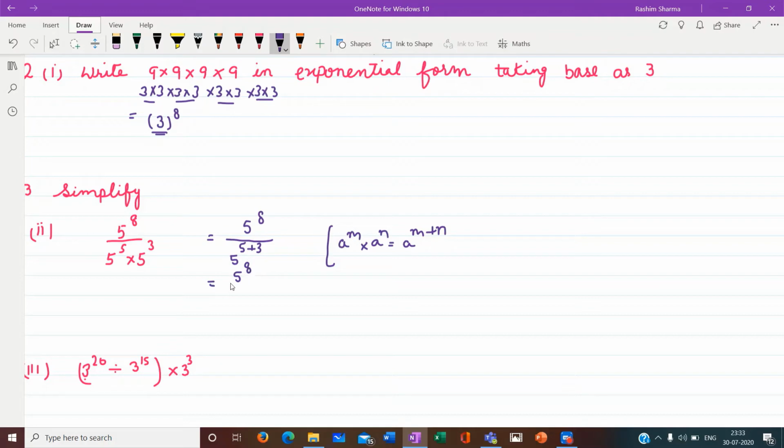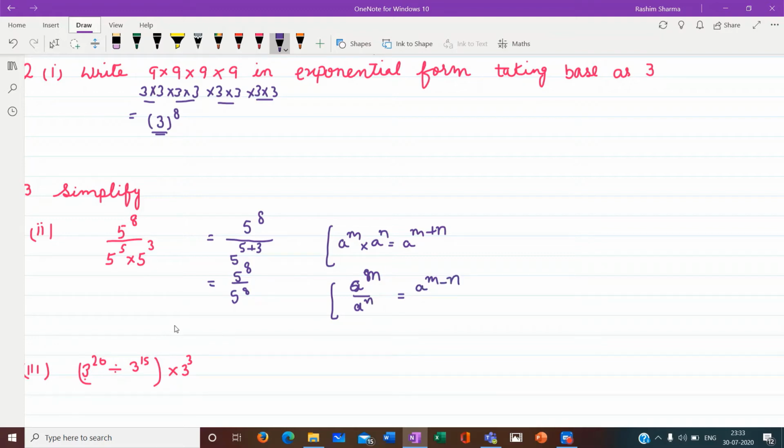Okay. So here we got 5 raised to power 8 upon 5 raised to power 8. Now we did second law, that when two numbers of the same base are in division, we can write it as a raised to power m upon a raised to power n. What we do? We subtract the powers, m minus n.